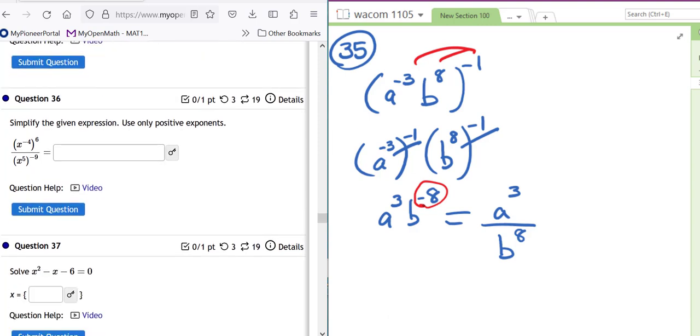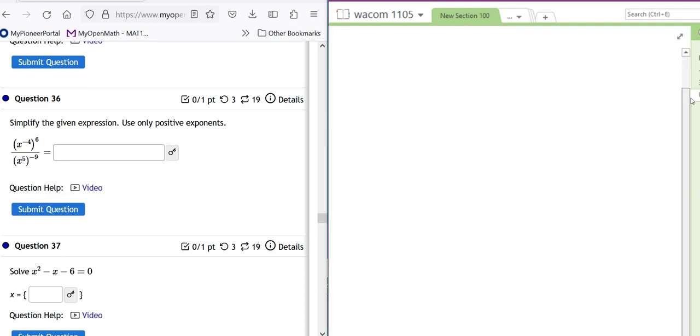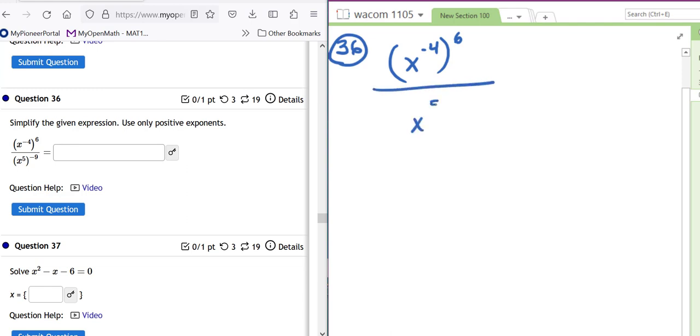All right. Let's see. We have one more of these. So you are in a fraction form here. I would actually work both of these out.